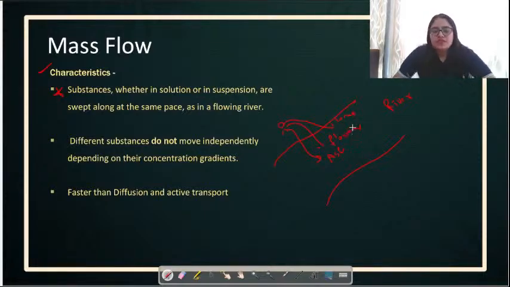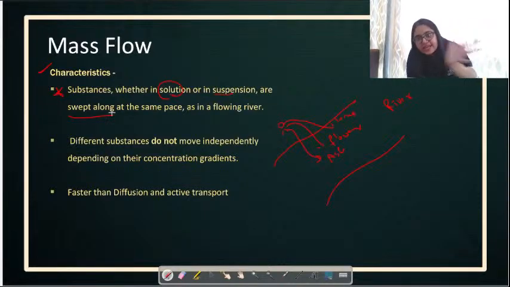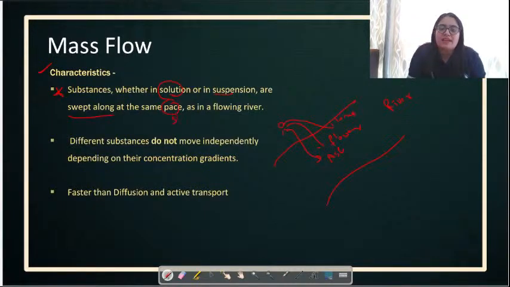So this is one of the very important characteristics of a mass flow: substances, whether in solution or in suspension, are all swept, all carried, all move together at the same pace, at the same speed, just like how things flow in a river.